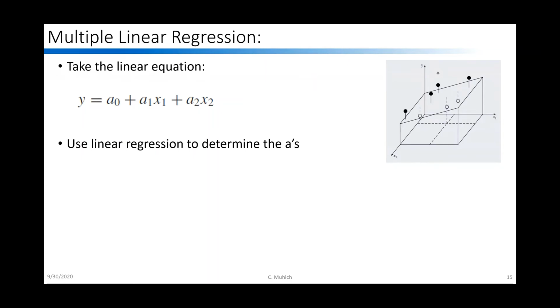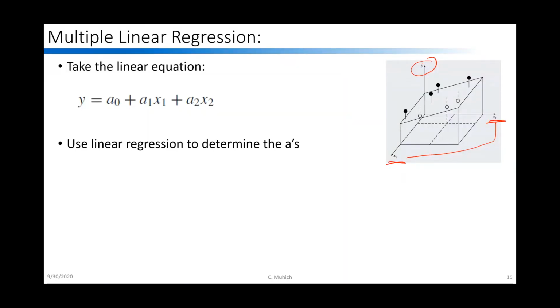Let's say I'm now moving into 3 dimensions where I have x1, x2, and then this y as my 3rd dimension. So I'm going to have 2 independent variables and 1 dependent variable. So I can write this out as y equals a0 plus a1x1 plus a2x2. We're going to once again want to use linear regression to determine our a's. And it's going to follow a similar pattern to what we saw previously.